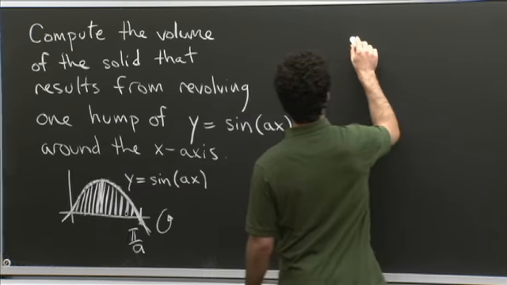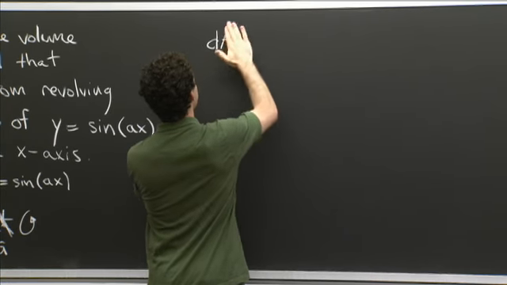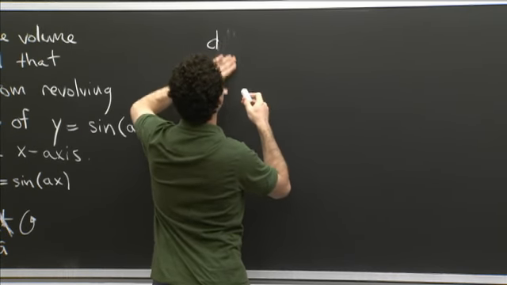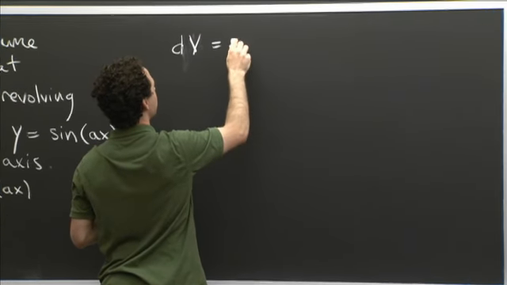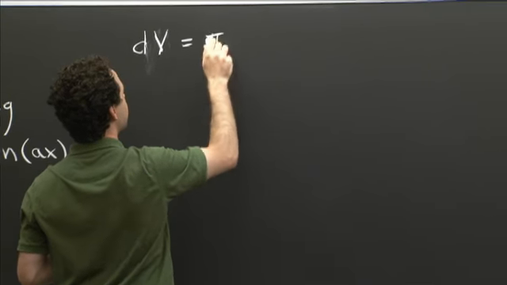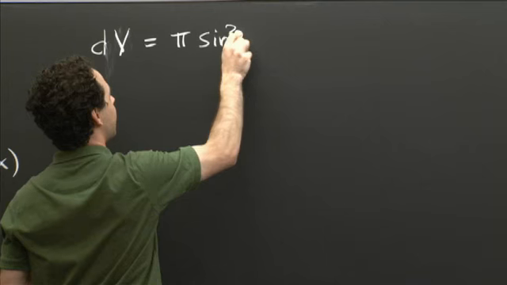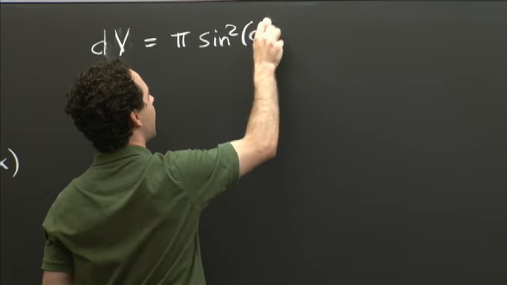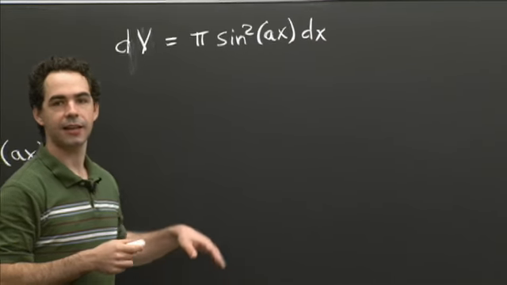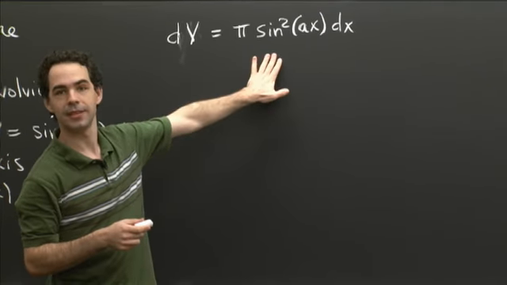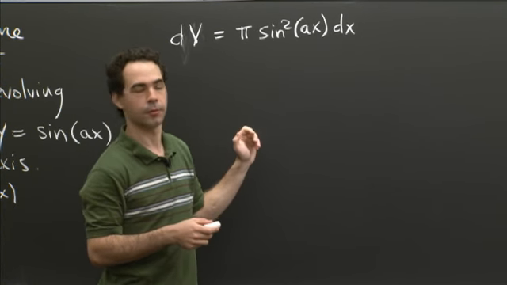So the element of volume, the little bit of volume that we get, is equal to the area of the disk, which is pi y squared, which is pi sine squared of ax, times the thickness of the disk, which is a little dx. So this is our little element dV of volume. And now to get the whole volume, we just integrate this over the appropriate range.